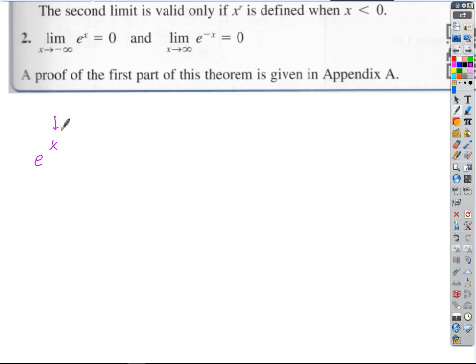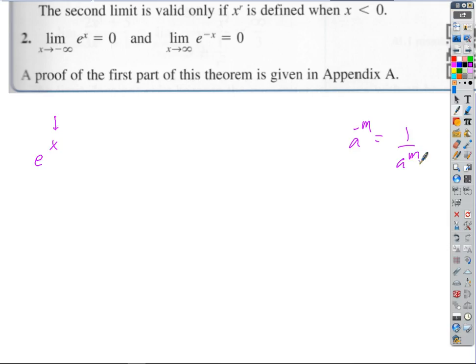If I'm plugging a negative exponent in there, what do we do? What does our exponent rule tell us when we plug in a negative exponent? Just in general, a to the negative m is what? Right?